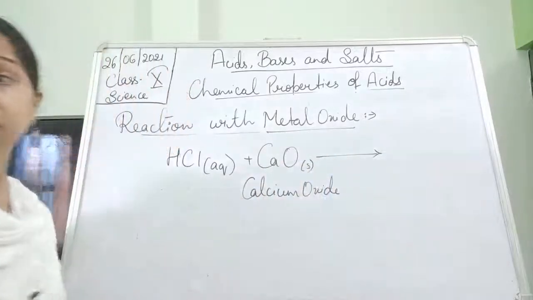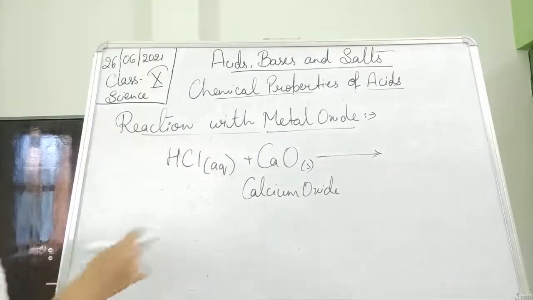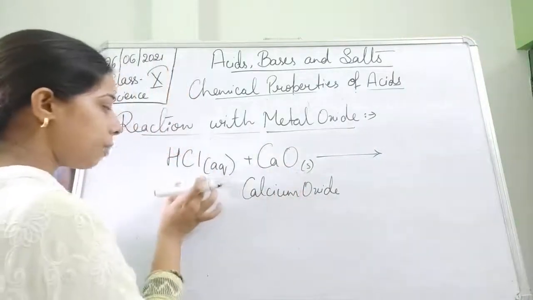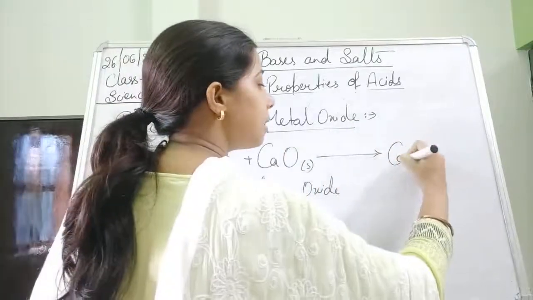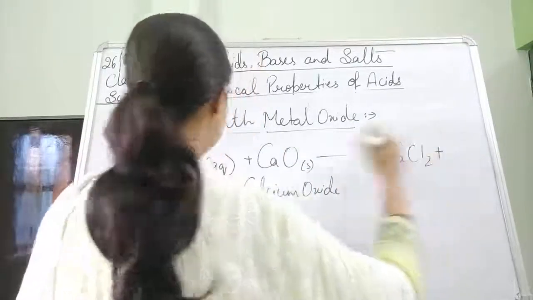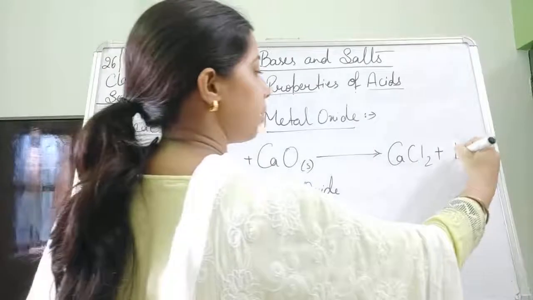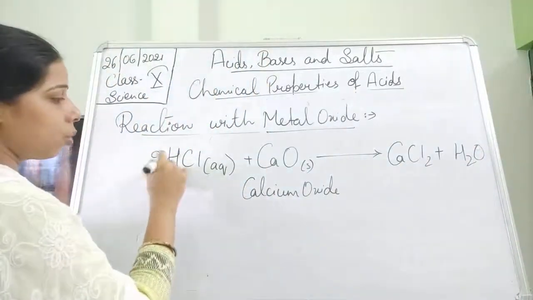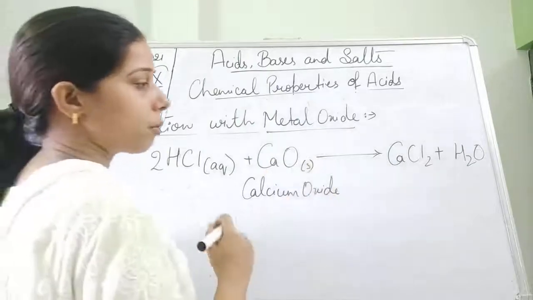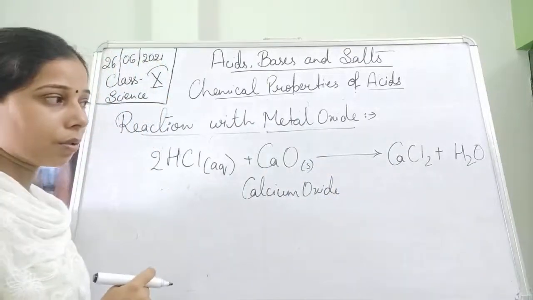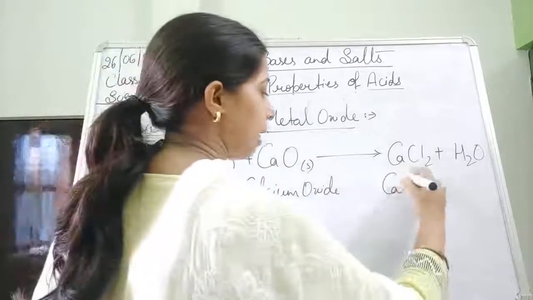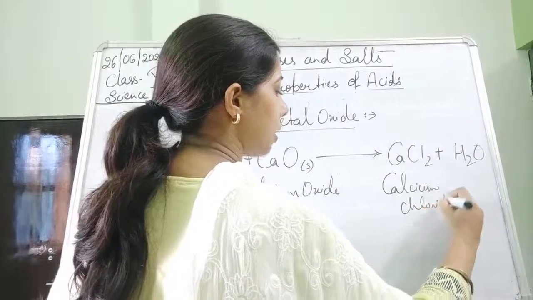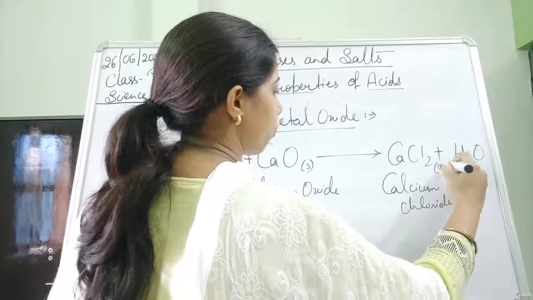Right now it is in solid state. When it reacts with the hydrochloric acid, this calcium and chlorine will form CaCl2 plus H2O is formed. Again we will balance it. It will be 2 HCl. Calcium is balanced. Oxygen is also balanced here. This is calcium chloride and it will be in aqueous form.